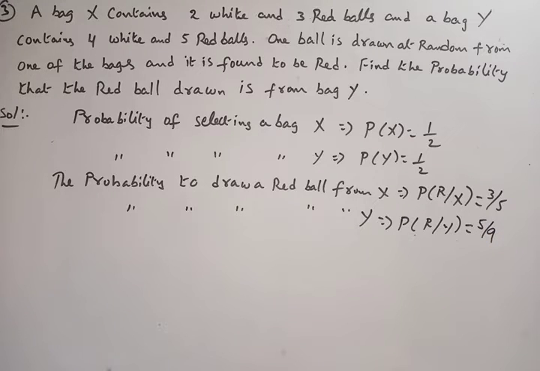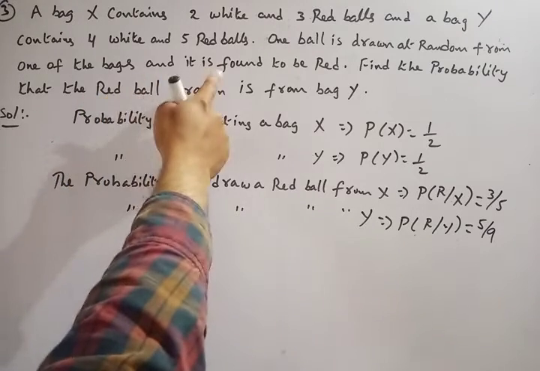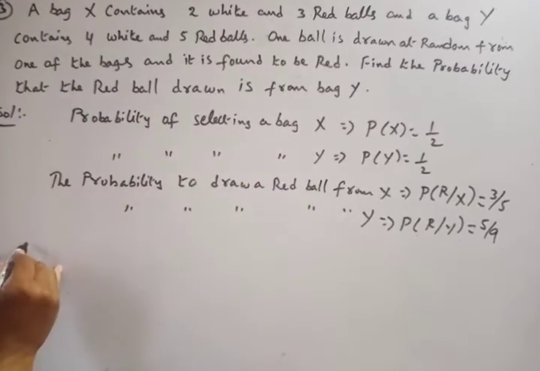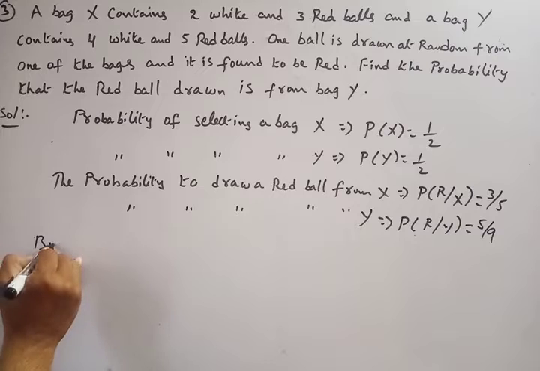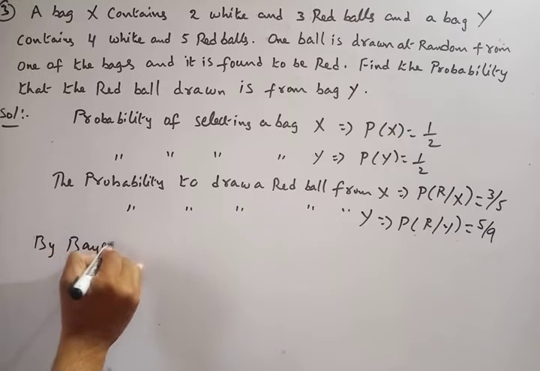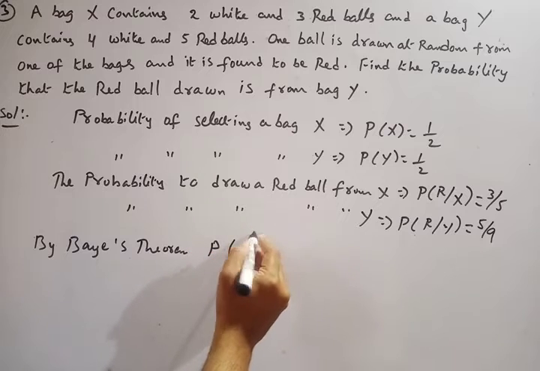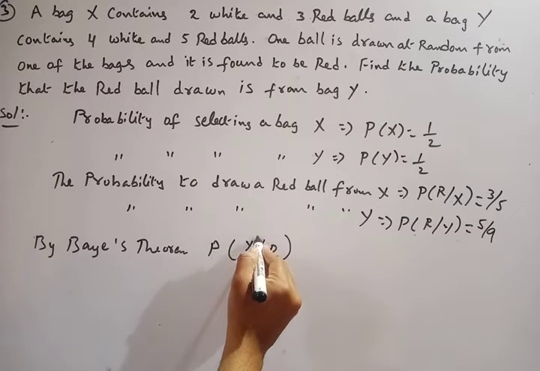Now what do we need? One of the bags is selected at random, and a ball is drawn at random. It is found to be red. We need to find the probability that the red ball is drawn from bag Y. So by Bayes theorem, we need P of Y by R. What is the formula?